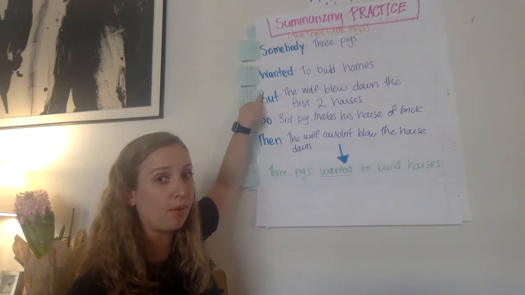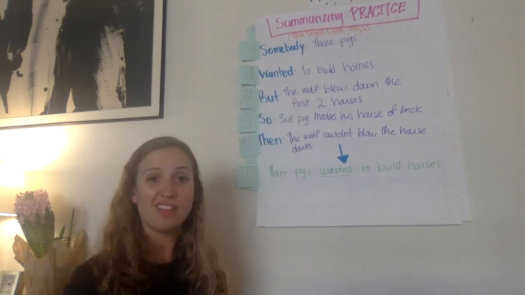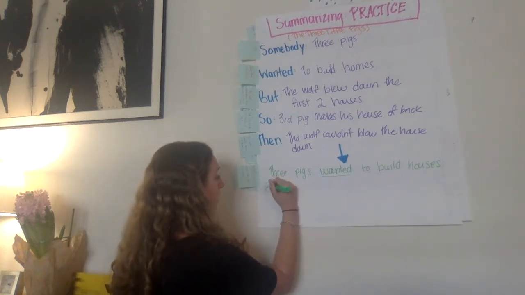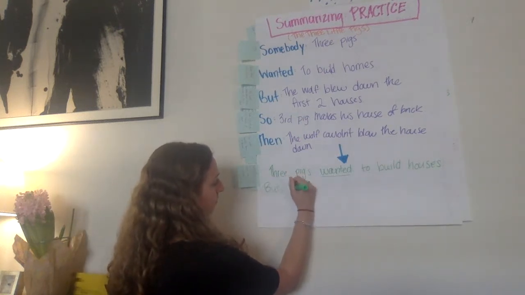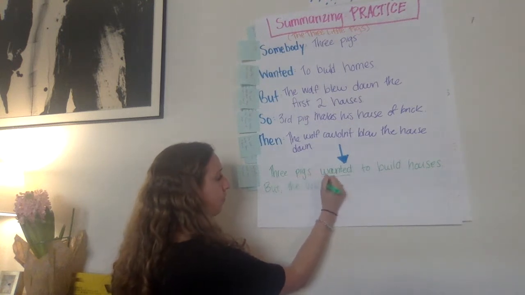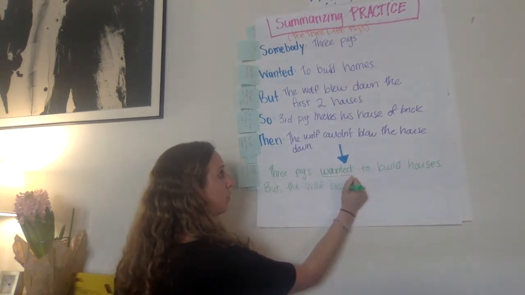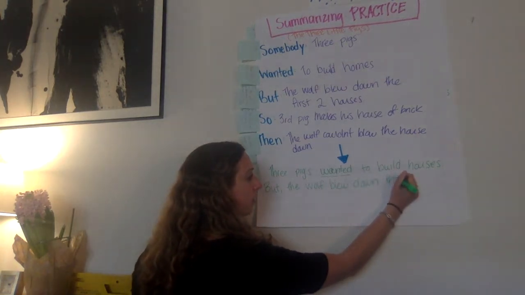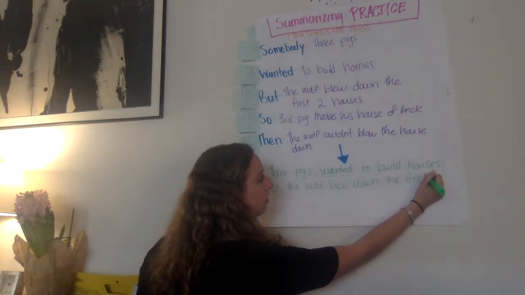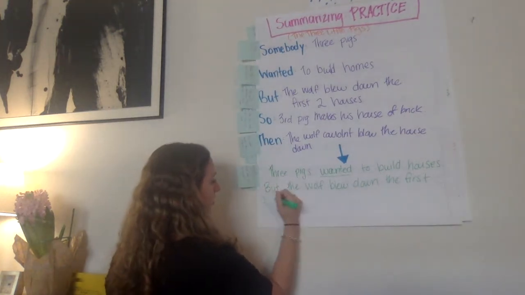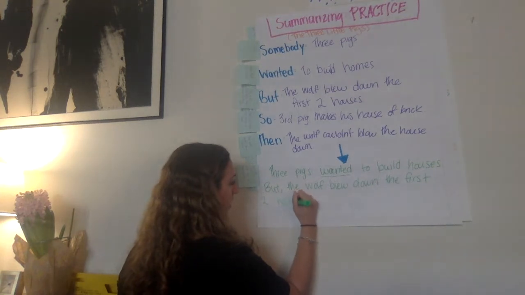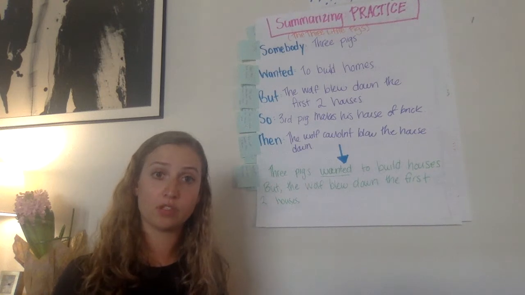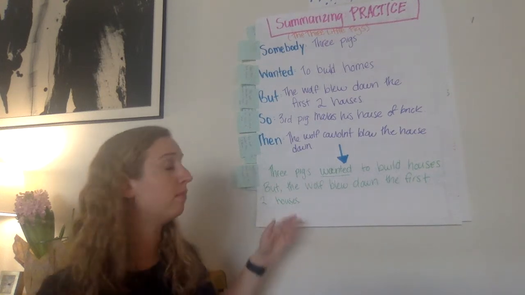But now we have to talk about our problem. But the wolf blew down 2 of them. So, but the wolf blew down the first 2 houses that the pigs made. So now we have to figure out how the pigs solve that problem.